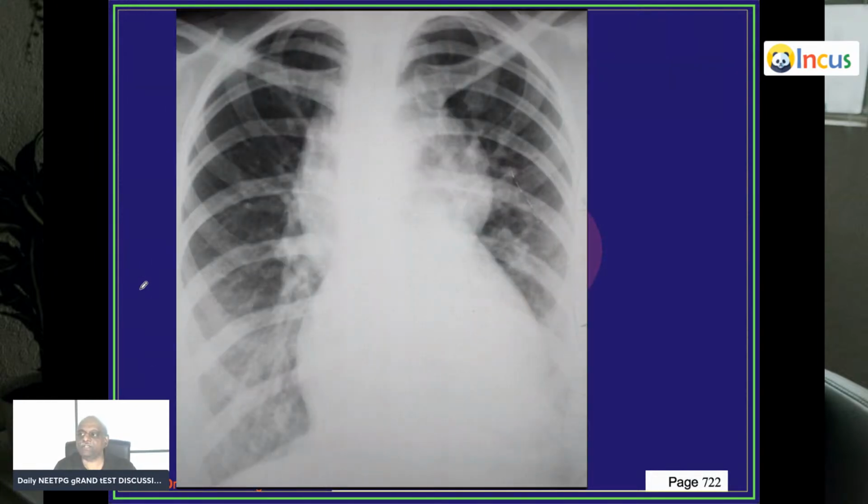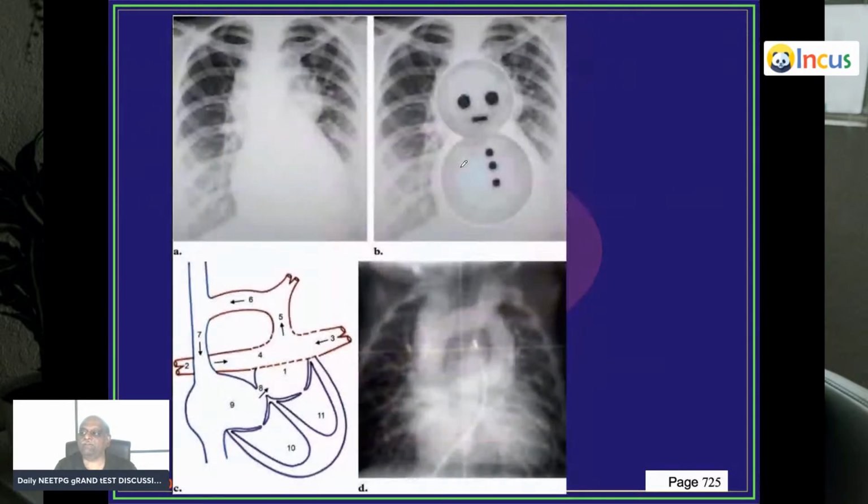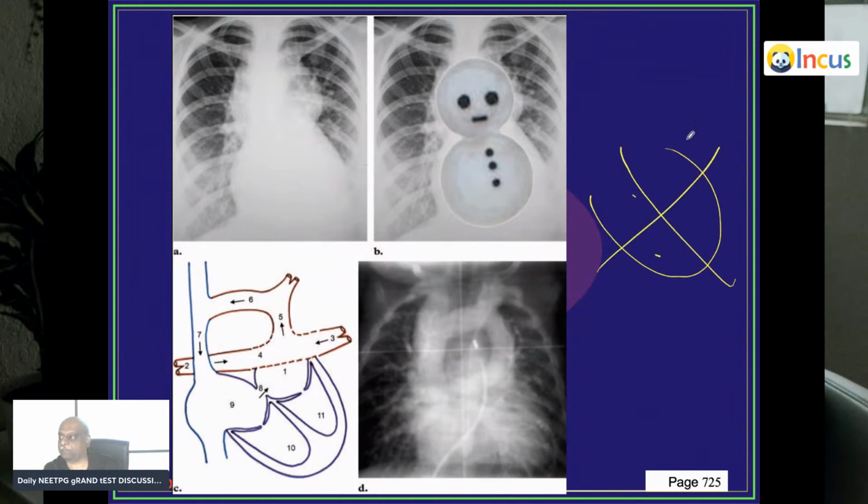Child with cyanosis presents with what is this appearance called? Can you see it? Figure of 8. So snowman is what they call it. What is the condition? Anomalous pulmonary venous circulation. So what is meant by anomalous pulmonary venous circulation? Pulmonary veins, instead of draining into the left atrium, drain into the right atrium, into which even the SVC and IVC are draining.